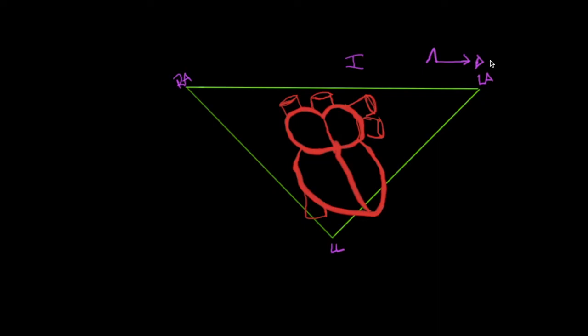So we can think of our eyeball being over here at the left arm lead. The next one is this right arm to left leg, and that's going to be lead 2. So if I had my eyeball down here and I had a waveform heading this way, it would be positive.